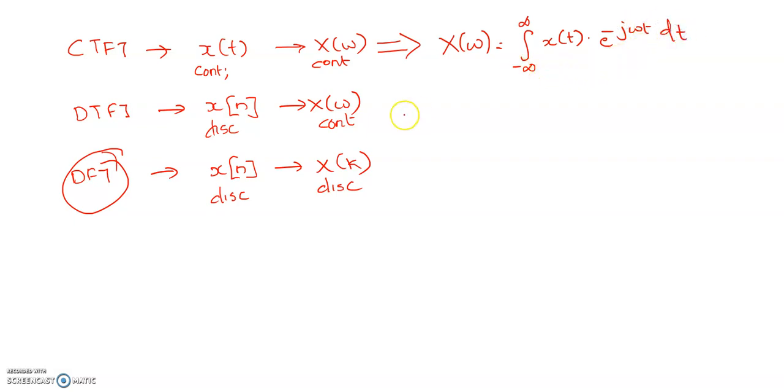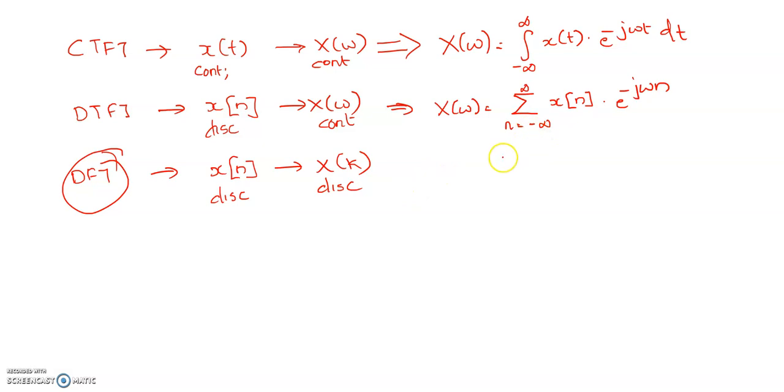When you apply this concept to your DTFT, the discrete time Fourier transform, your output is again x of omega, but because it is a discrete signal, the integral changes to a summation, and it becomes the sum from n equal to minus infinity to infinity of x of n e raised to minus j omega n.